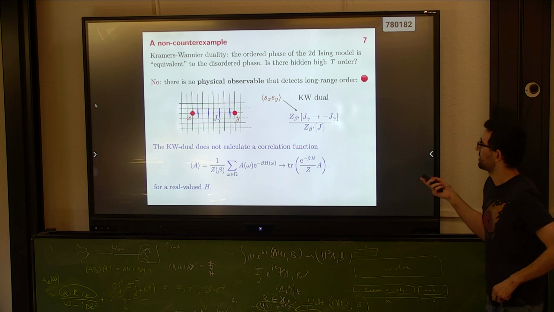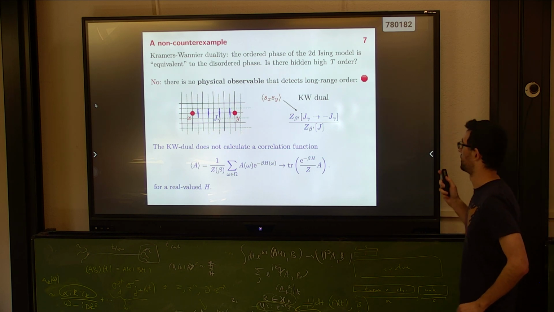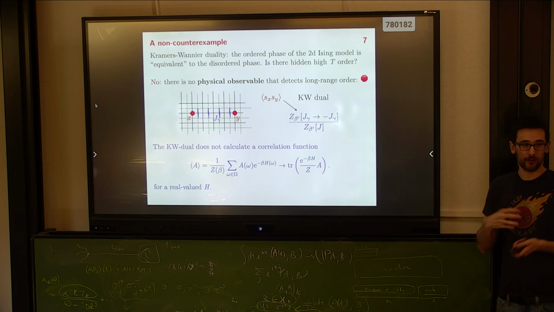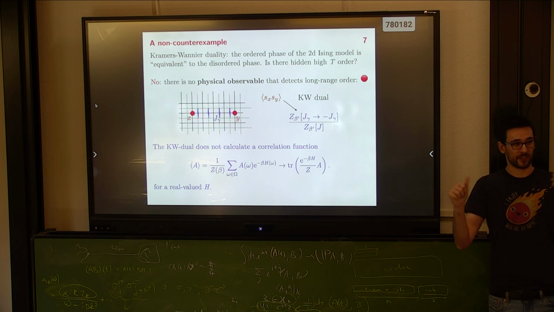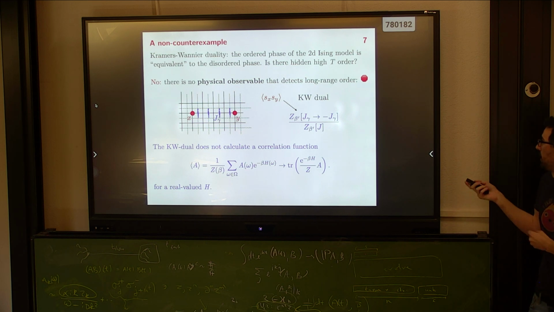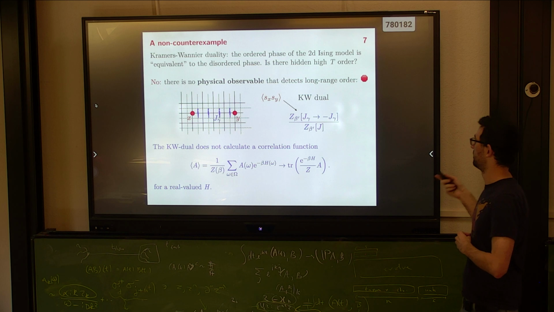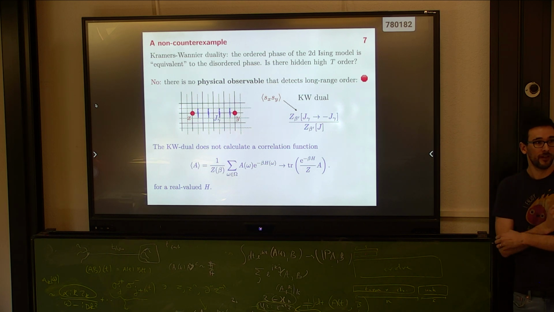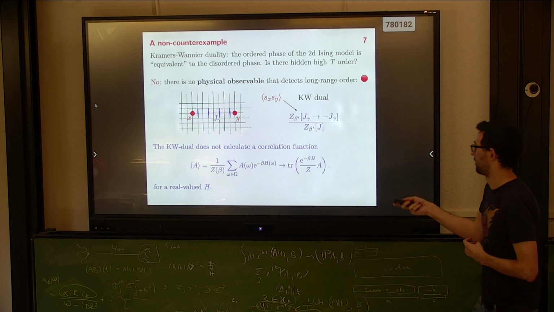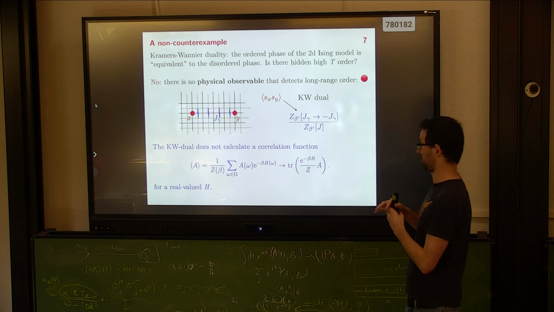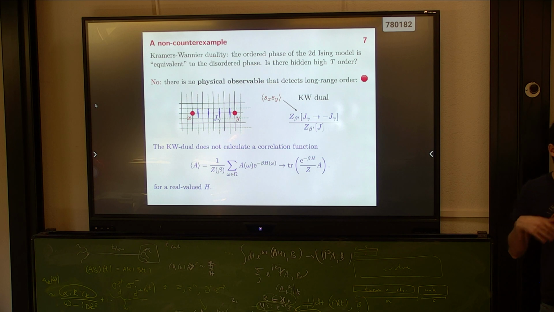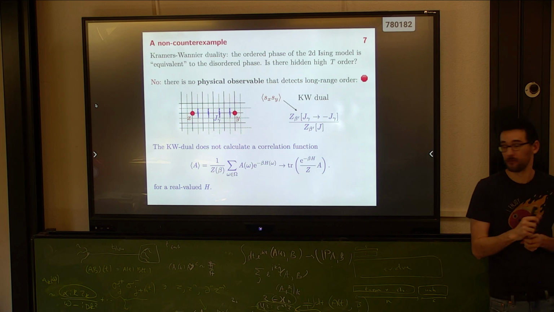And the reason is basically that if you track through this duality map, the correlation functions that detect order at low temperature, let's say a 2-point spin correlation function, map to something illegal at high temperature, which is a ratio of partition functions. And this is illegal because by my rules of classical statistical mechanics, observables are functions on configuration space that I take averages of. Okay?